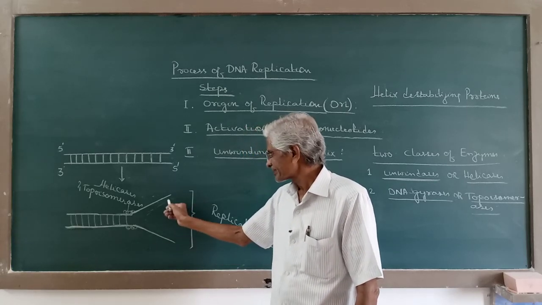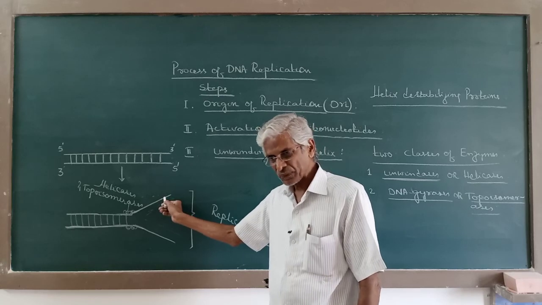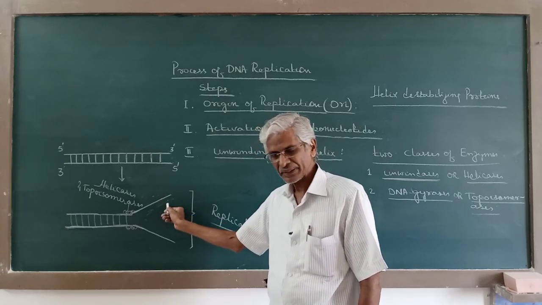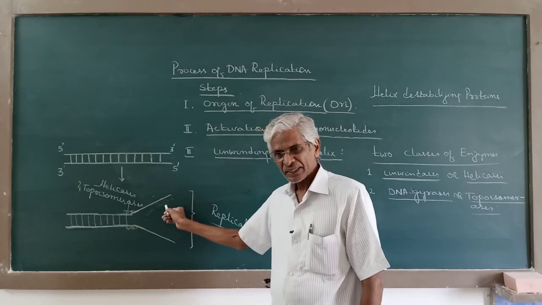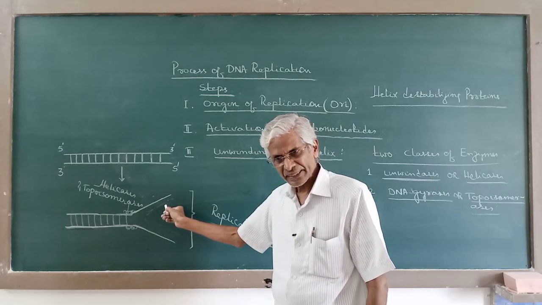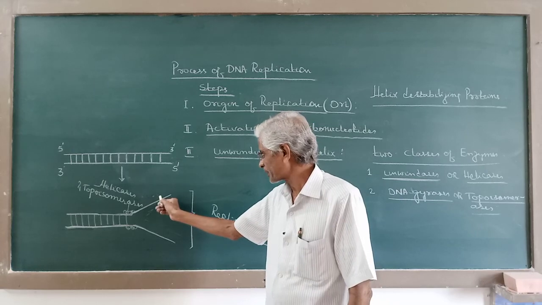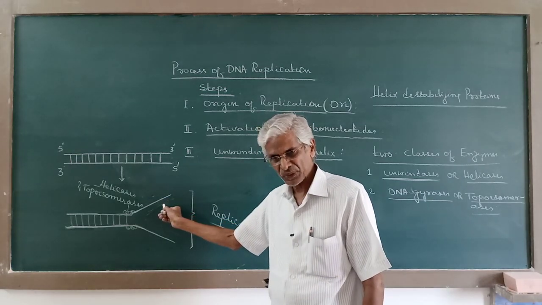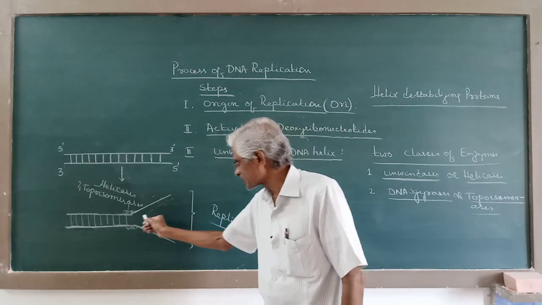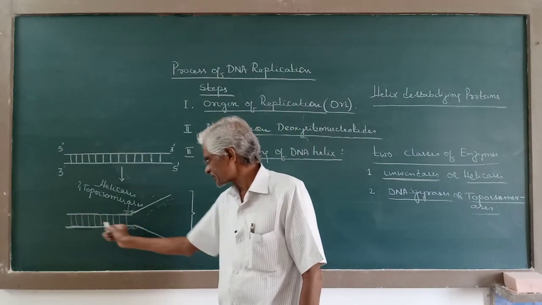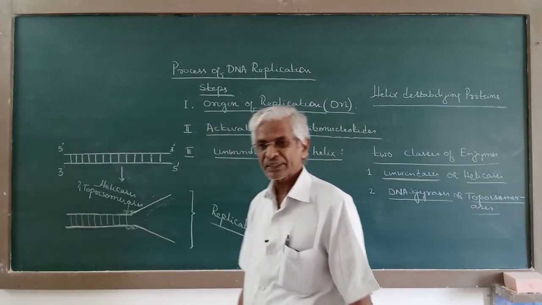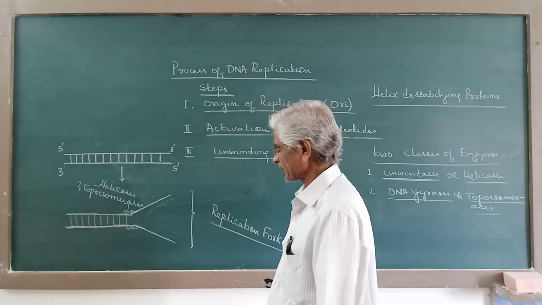So, this is how the old strand and a new strand will form a new DNA duplex, a double-stranded new DNA molecule will be produced, and this process of replication will progress from this end to the other end, completing the process of replication.